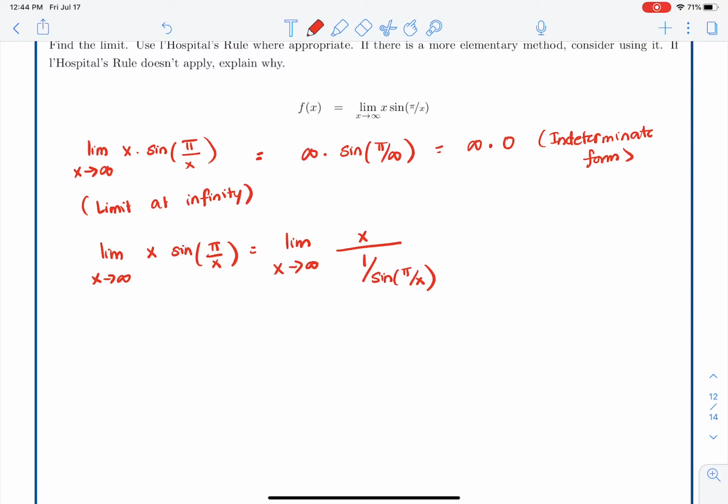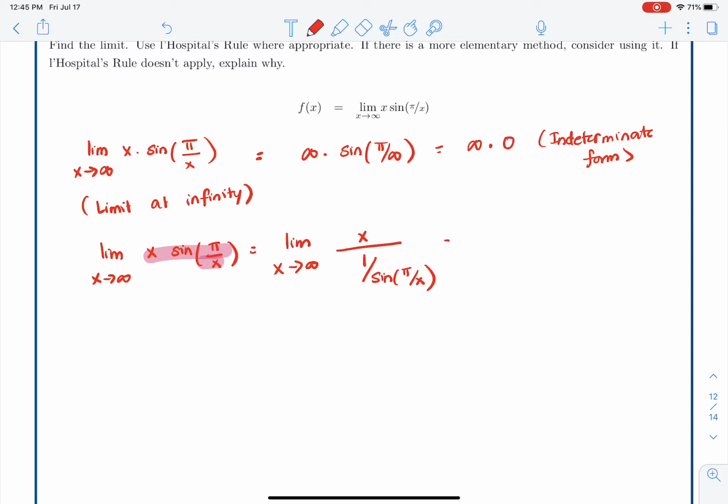I know that if I took the denominator and did flip and multiply, I would end up getting the same, which is x times sine pi over x. So I just moved that sine pi over x to the denominator.